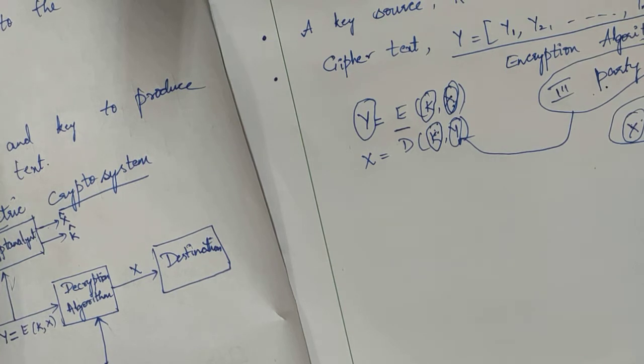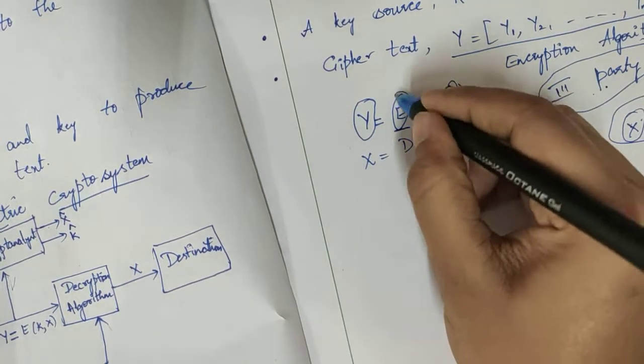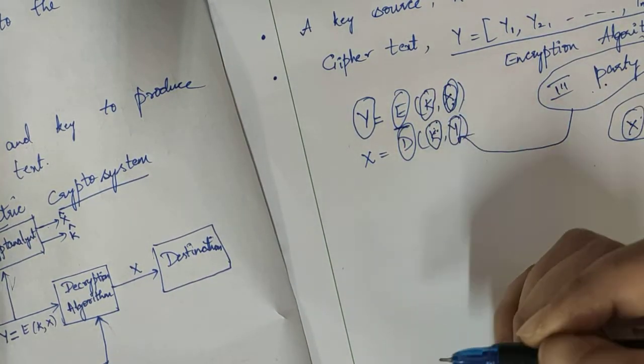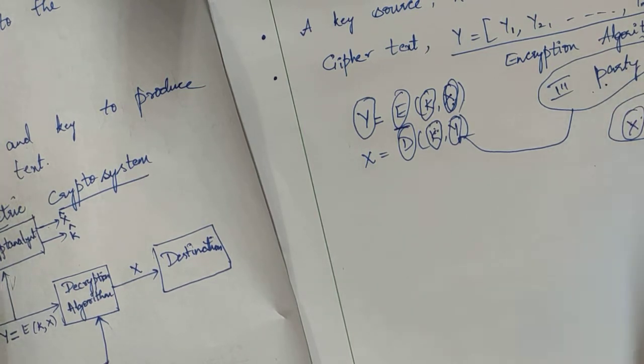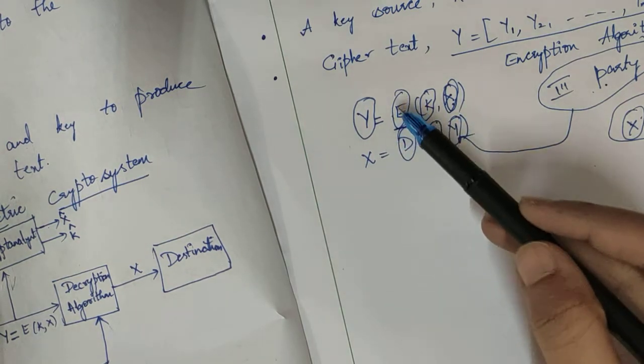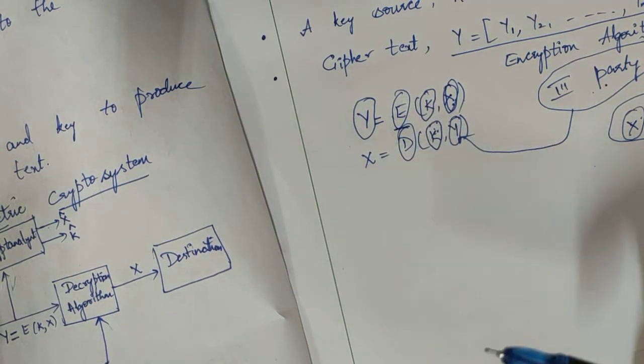Now it is assumed that the opponent knows the encryption and decryption algorithms. As we have seen in modern and classical cryptography techniques, in modern cryptography your encryption and decryption algorithm is public knowledge, right?